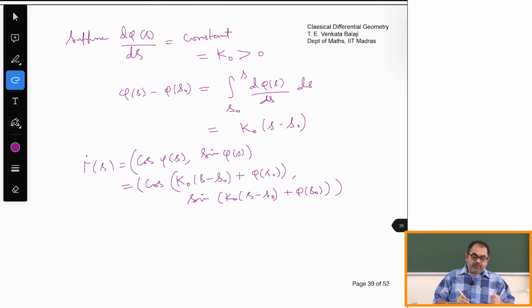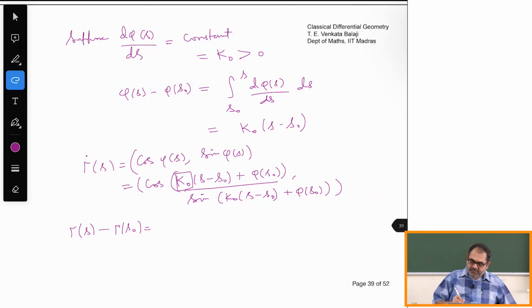Now you integrate this again, you will get gamma(s) minus gamma(s0). When you integrate with respect to s, you pick up this constant in the denominator.